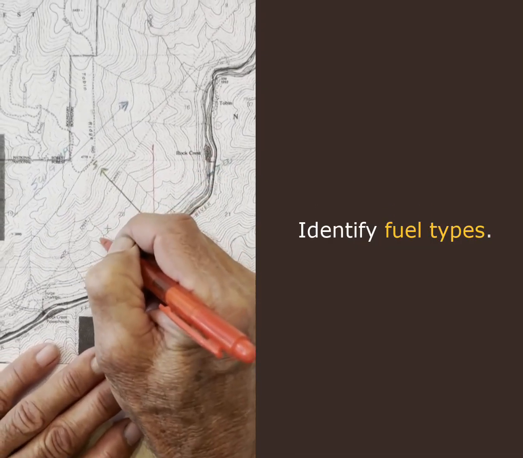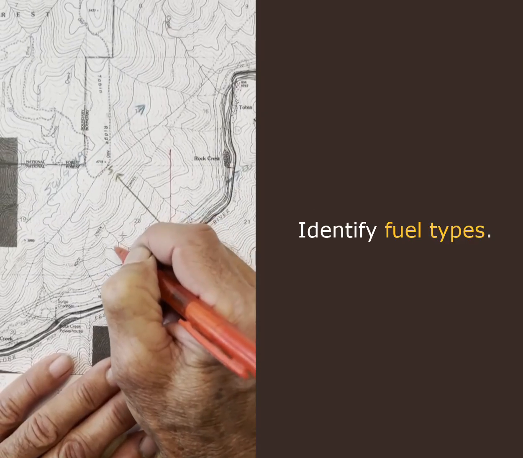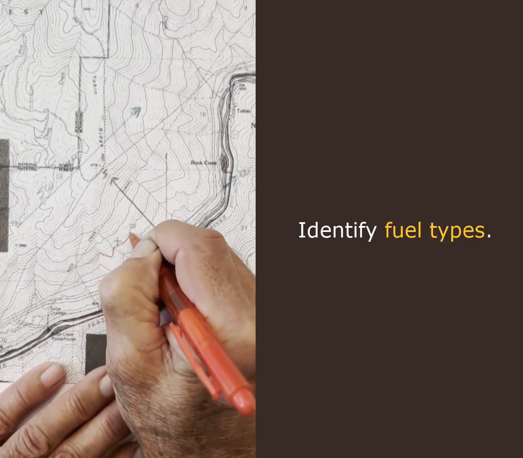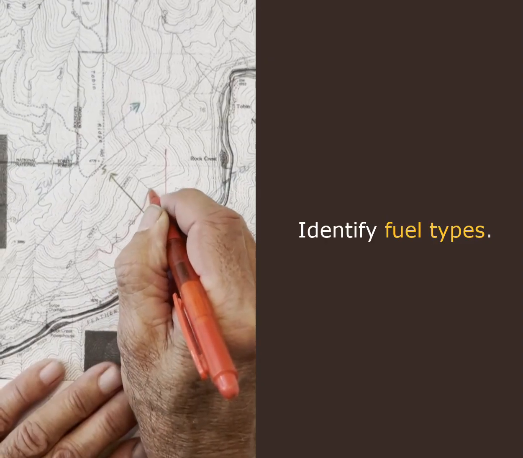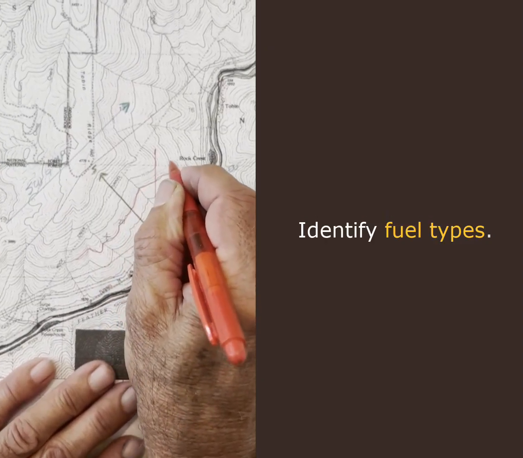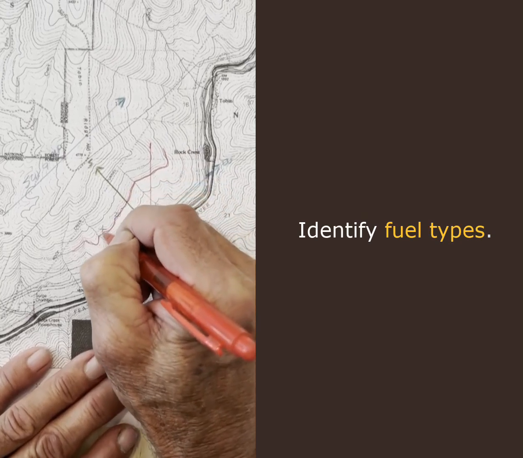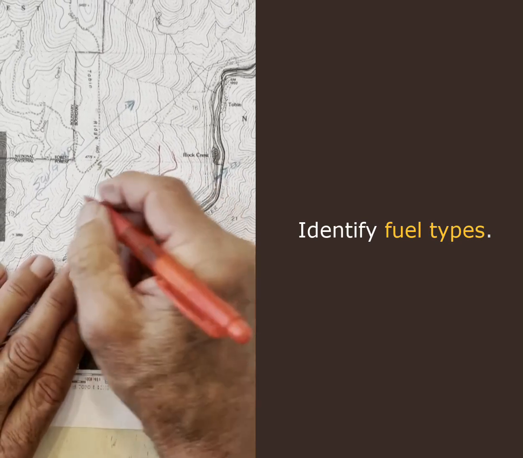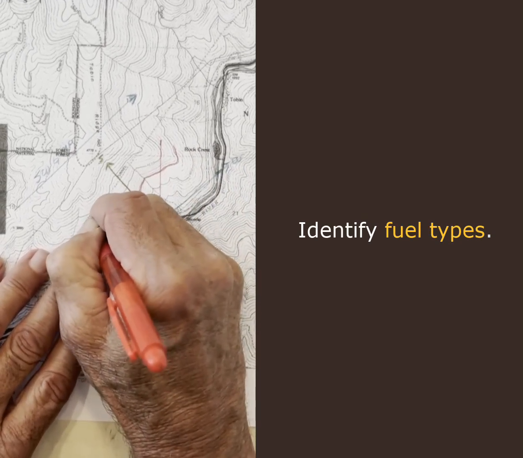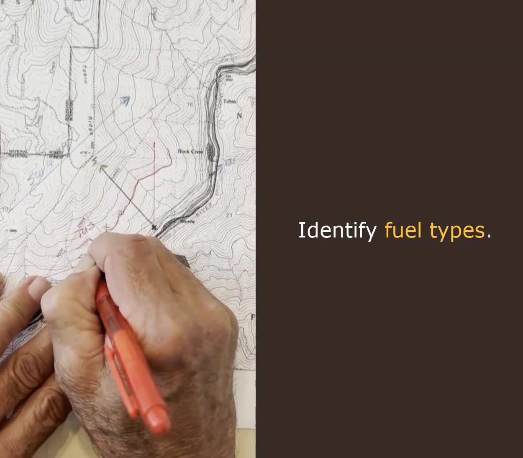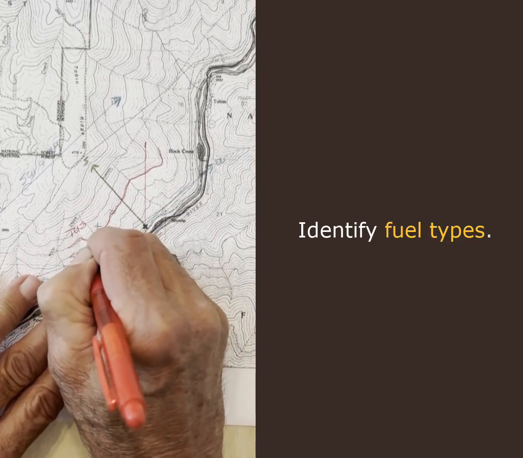So that's going to put our 3,200 foot elevation along this mark here. We're dealing with 80-foot contours. And here I'm going to put TU5, which is our timber fuel model. And below that, I'm going to put SH7, which is our brush fuel model.